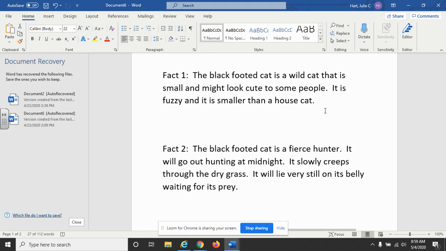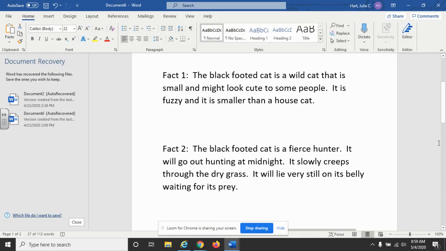So that's how you can get away with writing that. So my first fact: the black-footed cat is a wild cat that is small and might look cute to some people. It is fuzzy and it is smaller than a house cat. The first fact just simply focuses on what the cat looks like.